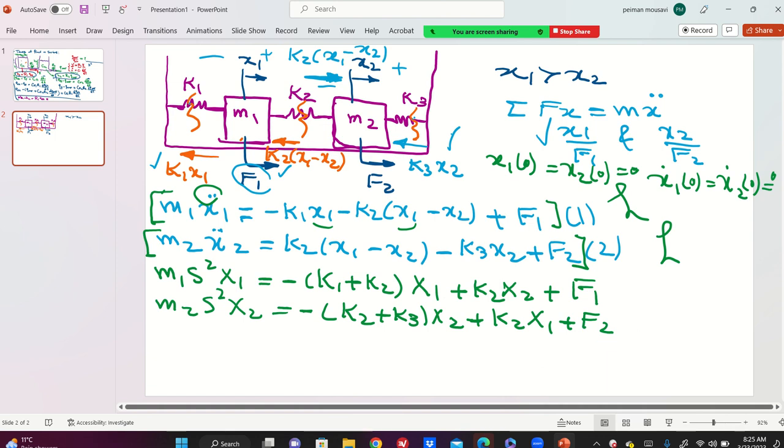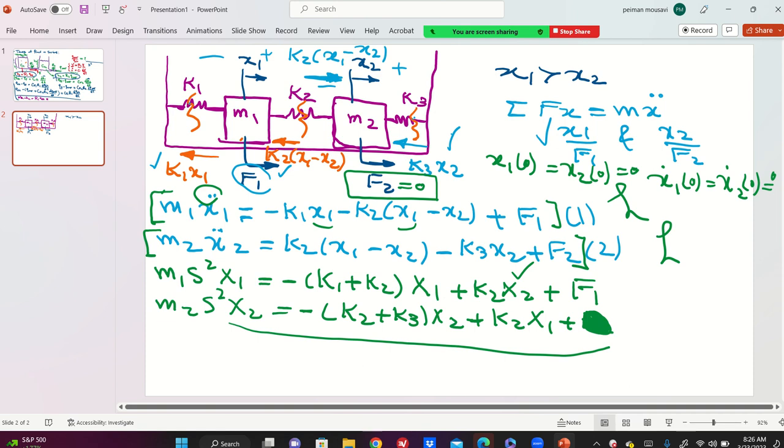Okay, so I want to find x1 over f1, the displacement of mass 1 subject to its own force. So what I'm going to do, I have to calculate x2 from this equation and implement it here, right, everybody? So for simplicity, I'm assuming f2 is 0. Only I have this f1. So I'm just removing f2 from here. There's no f2 for simplicity of teaching.